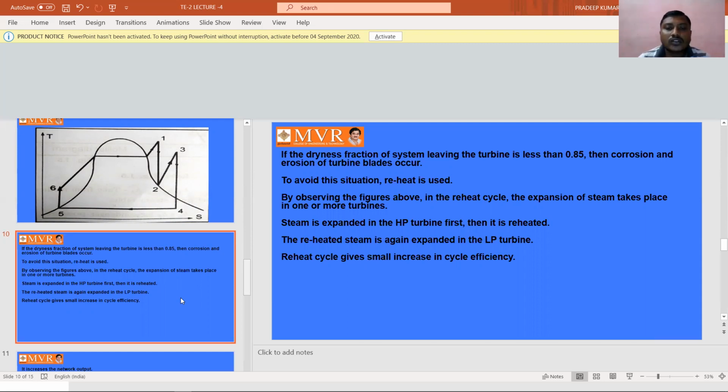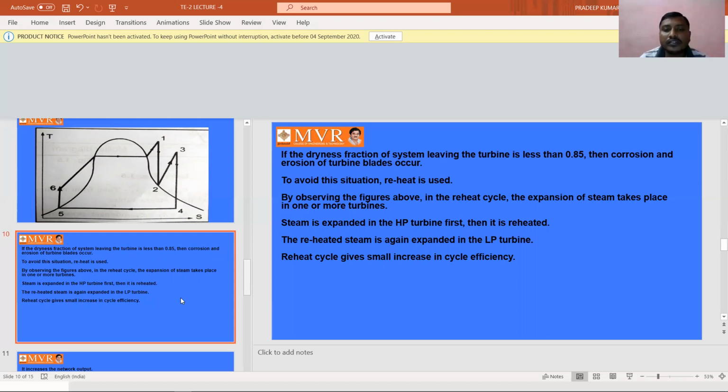That means corrosion will take place in the turbine. To avoid this situation, reheating is used here. To avoid corrosion and erosion in the Rankine cycle, reheating takes place.